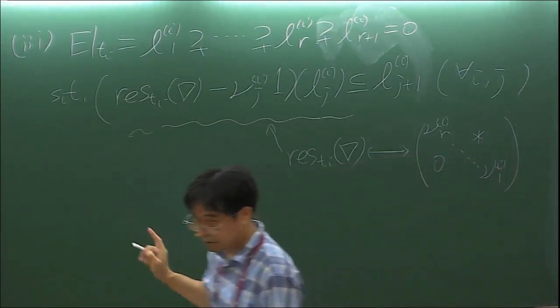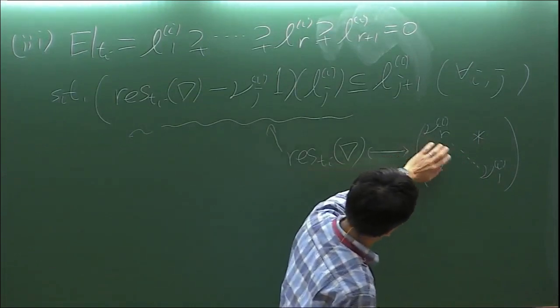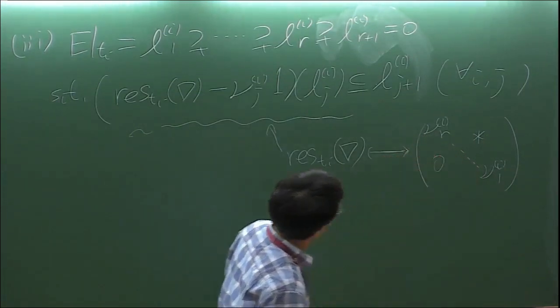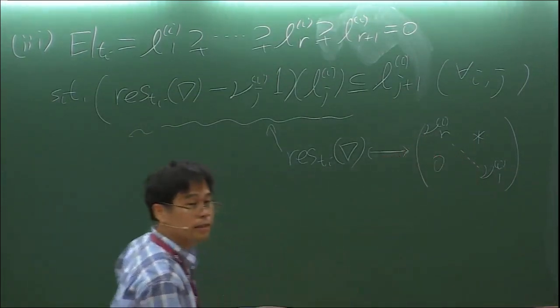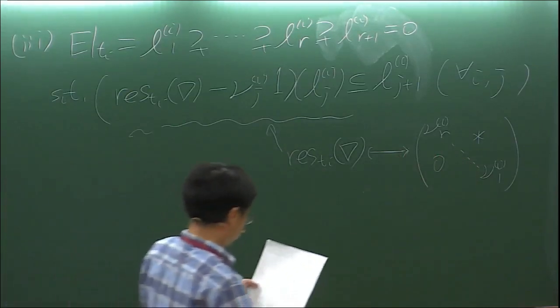So the residue endomorphism has the eigenvalues nu_i1, ..., nu_ir. This is the definition of parabolic connection.